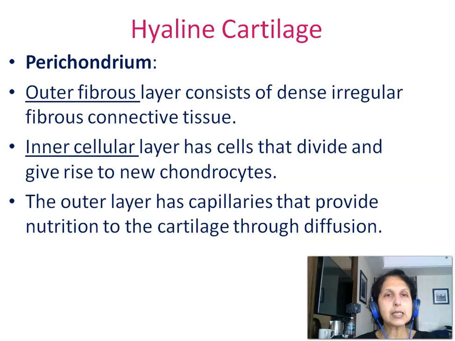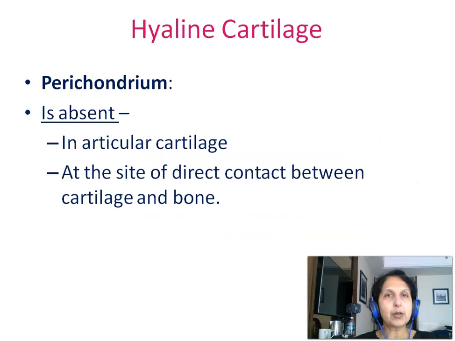The inner cellular layer has cells that divide and give rise to new chondrocytes. The outer layer has capillaries that provide nutrition to the cartilage through diffusion. Perichondrium is absent in articular cartilage, and it is absent at the site of direct contact between the cartilage and bone.